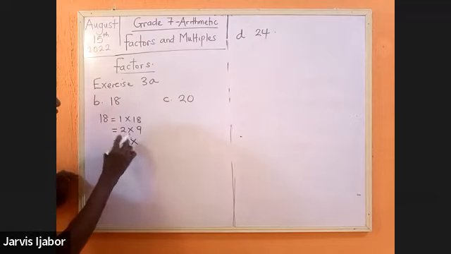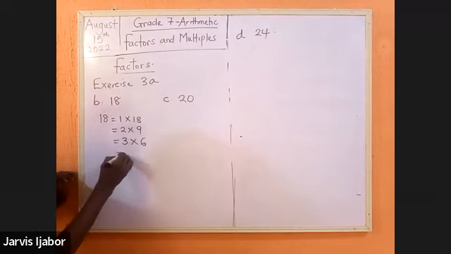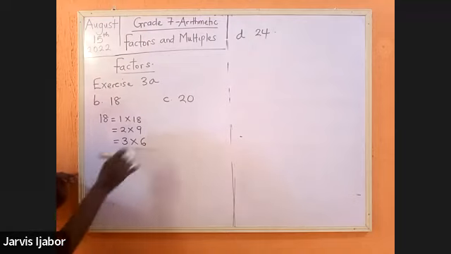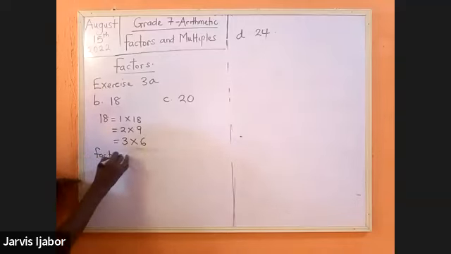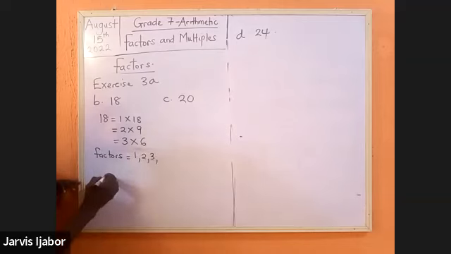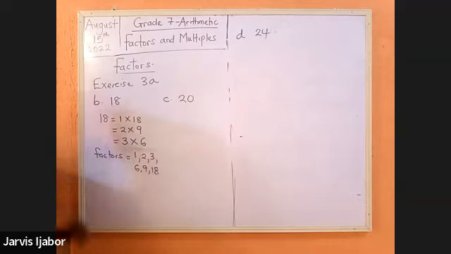So you work with the concept of 1 and prime numbers. 3 times 6. Now the next one will be what? 6 times 3. So that means I don't need to do any more. So the factors will simply be 1, 2, 3, 6, 9, and 18. So I've done that one.